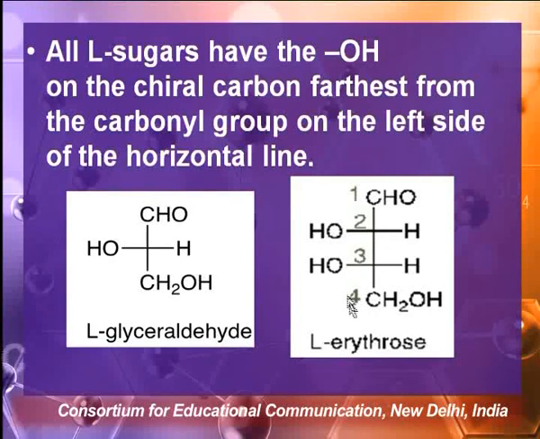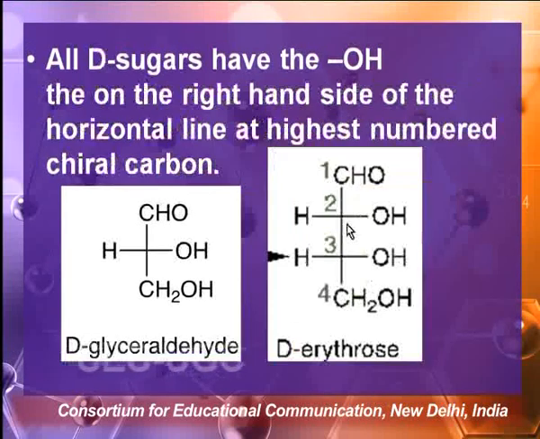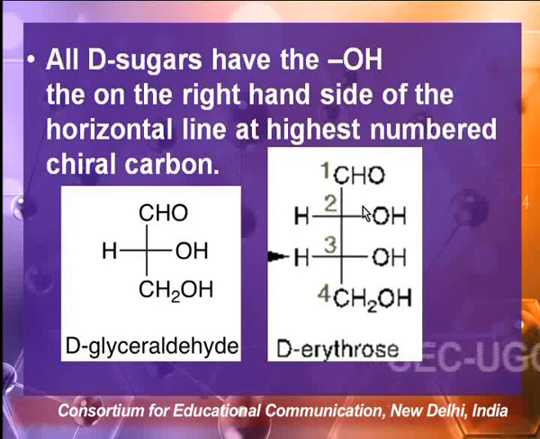Why L configuration? It could have also had D configuration, but it is having L configuration, that is the OH on the highest numbered asymmetric carbon is on the left hand side. And all these sugars have OH on the right hand side of the horizontal line at the highest numbered chiral carbon.